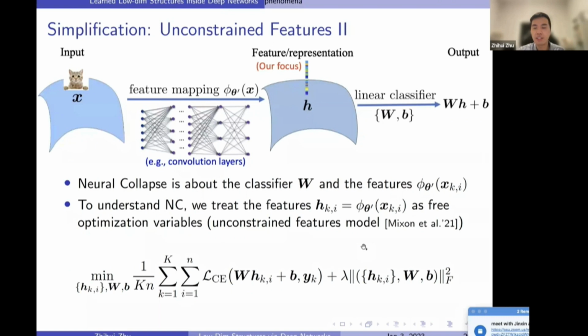Therefore, let's treat these features as free optimization variables, which is the so-called unconstrained feature model, which means that we assume the features can move anywhere in the feature space. Then if we minimize this cross entropy loss, what features and classifiers will we get?